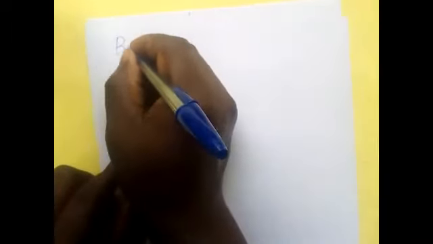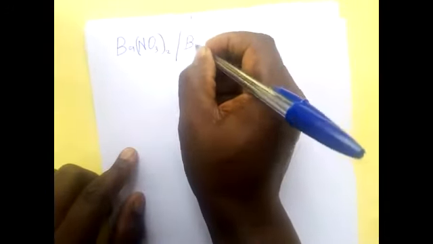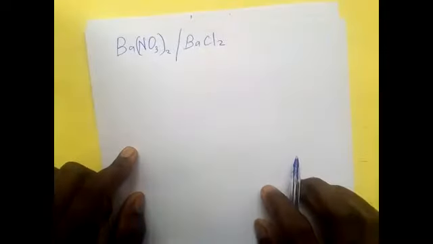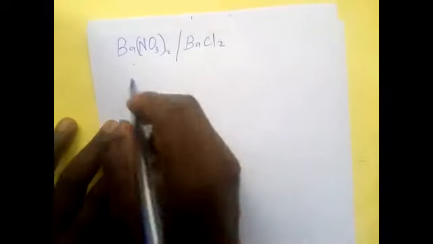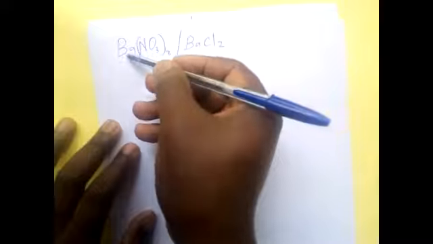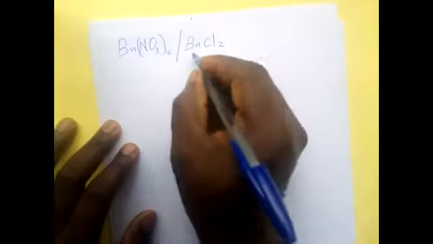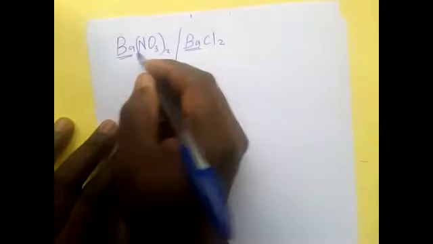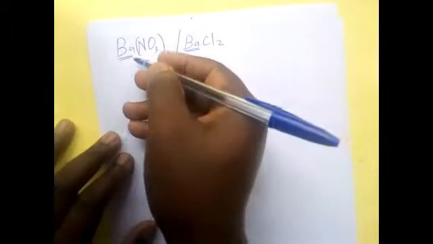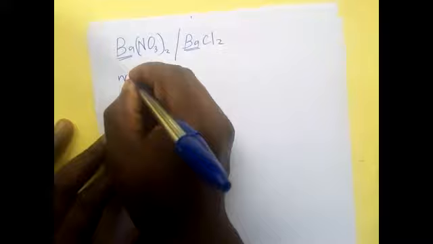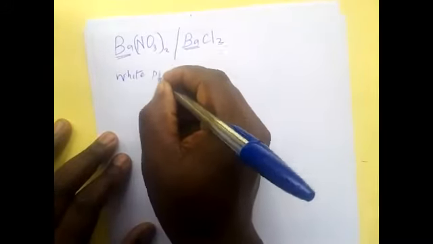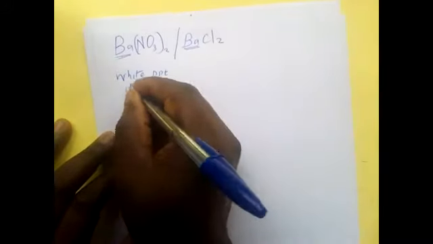Sometimes we can use barium chloride. Whenever you are using barium nitrate or barium chloride, we are interested in the anions. So add 2 drops of barium nitrate, then a white PPT is formed.